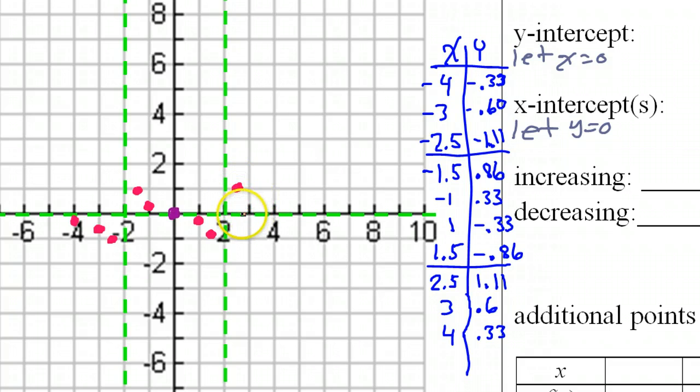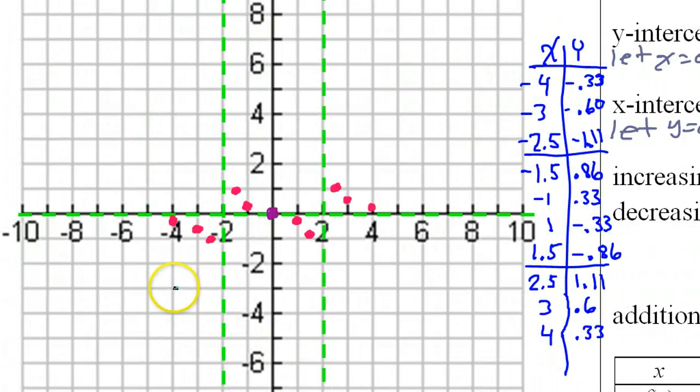At 3, I'm at 0.6, a little bit more than half. And then at 4, I'm at 0.33, which is right about here. All right, so these are all the points from my table.